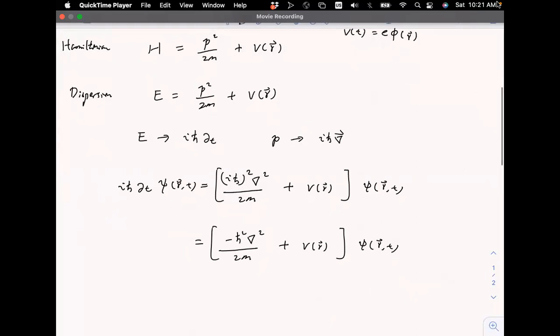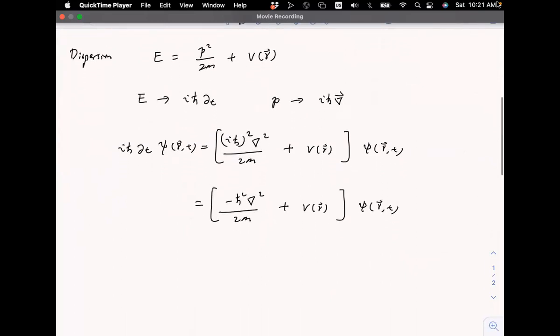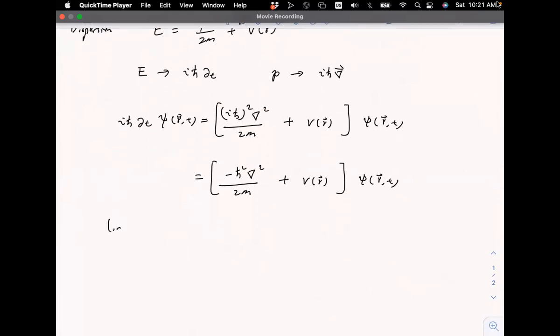Okay, what is the limitation of the Schrodinger equation? The first limitation is that it is not compatible with relativity. Why? Because the Schrodinger equation is not invariant under the Lorentz transformation.